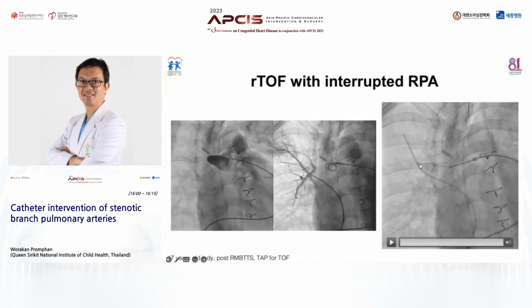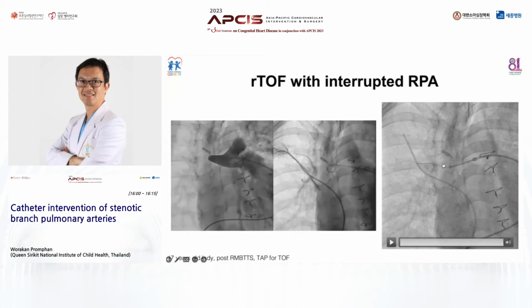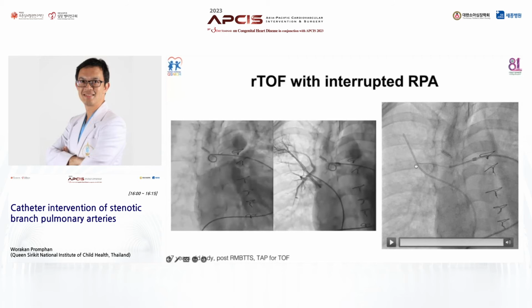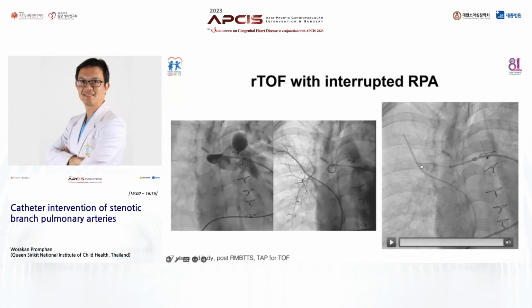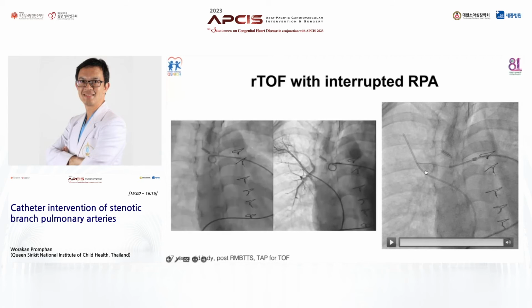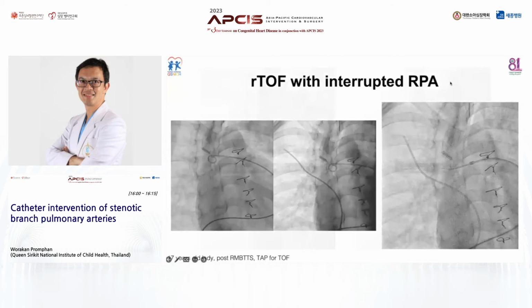Unfortunately, I cannot show you in a different plane, but just to share with you that when you do this procedure, you need at least 2 planes to make sure that the tip of the guide wire is in the right position inside the pulmonary artery. Of course, you need to have a good check angio, make sure that you are inside the vessel, and the tip of the guide wire should move freely.